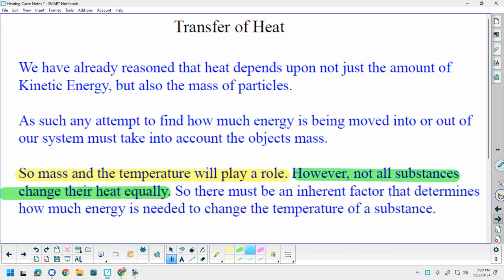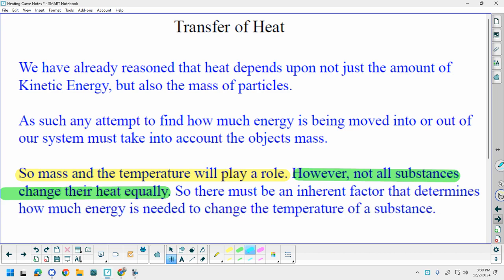So any attempt to find out how much energy is being moved in or out of a system must take into account the object's mass. Mass and temperature both play a role. We know that particle motion increases at higher temperatures and is lower at lower temperatures. Also, going back to the red and green demo from the previous unit, we saw that not everything changes temperature or heats equally.